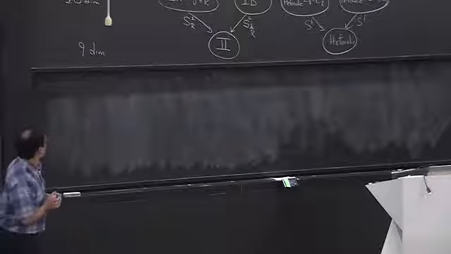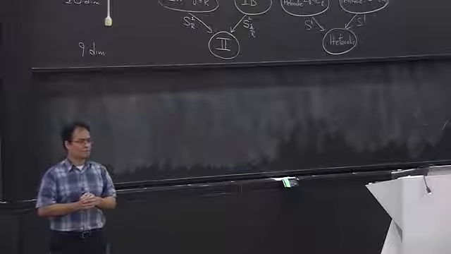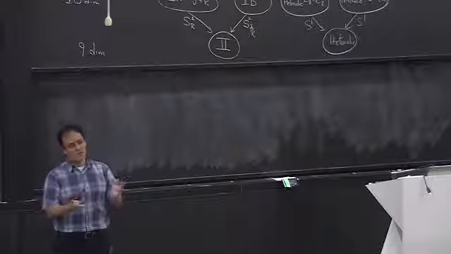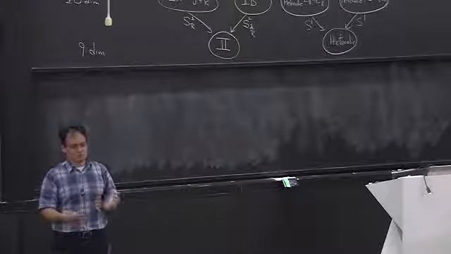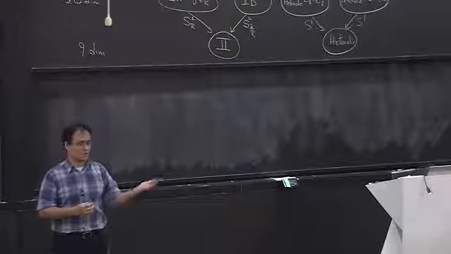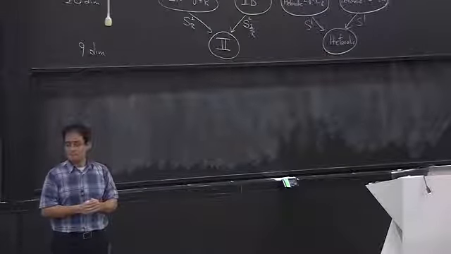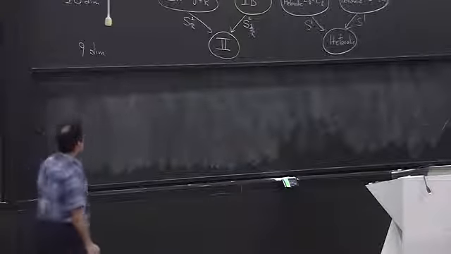What do you think happens to type 2B? The reason I'm asking is that you might be able to tell me now from homework number 2. What's that? There is a duality. Excellent.